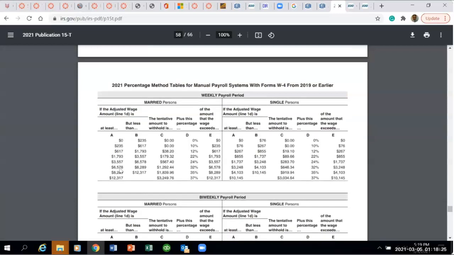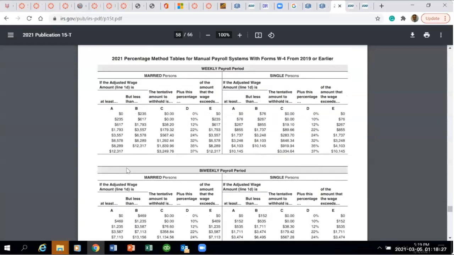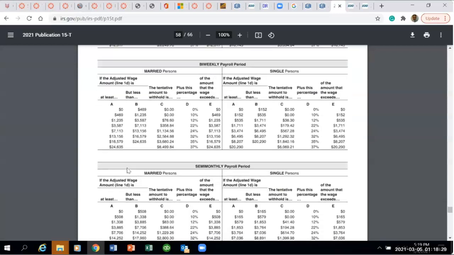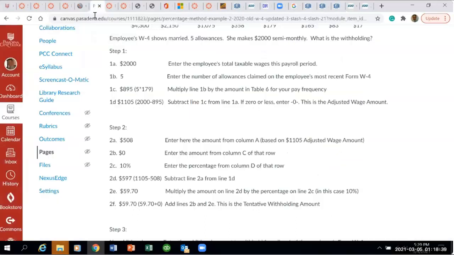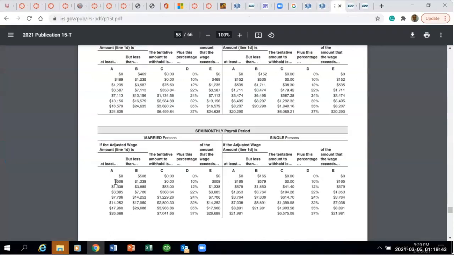Go to semi-monthly married, and it was 1105. 1105 right there. So it ends up to be a tentative fixed tax of $0.